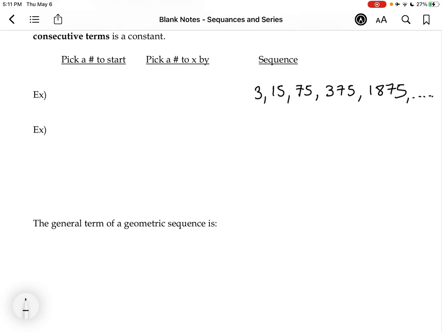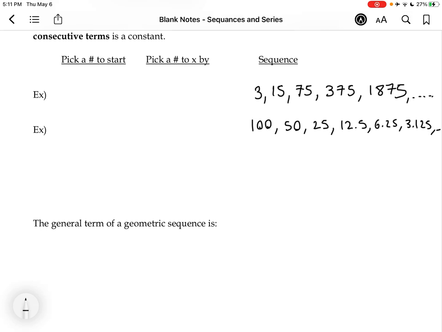Another example of a multiplying pattern would be this one: 100, 50, 25, 12.5, 6.25. The next one would be 3.125. Okay, and so on and so forth. Here's another one, actually. I'm going to give you 3.